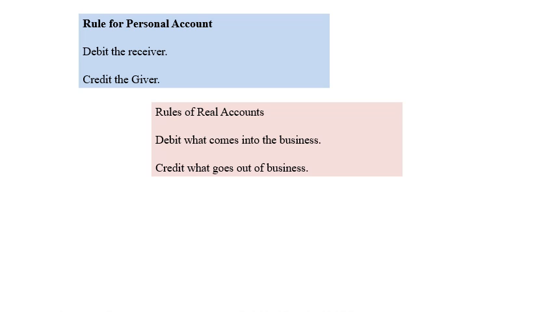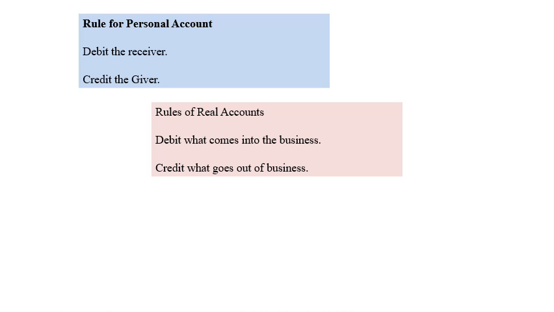Now in this transaction, what is coming into the business and what is going out of the business? You have made the purchase of goods of rupees 5,000 on a cash basis. So goods come into your business and cash goes out of your business.